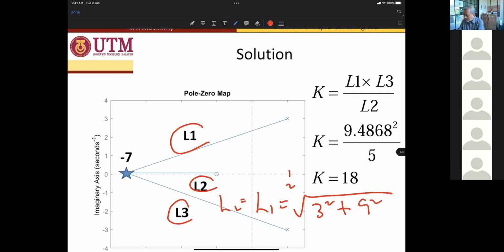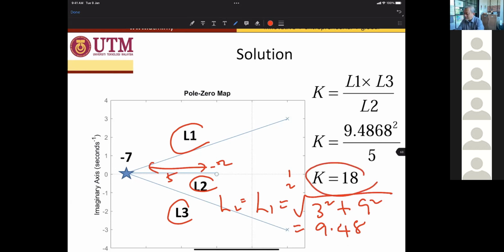So the value is 9.48. And then L3 direct from here, this is 2 minus 2, so it's -7. So the length is 5. So K is equal to 18.